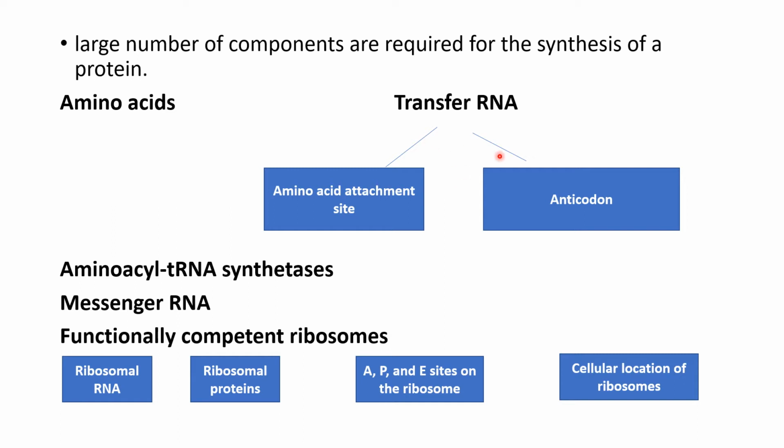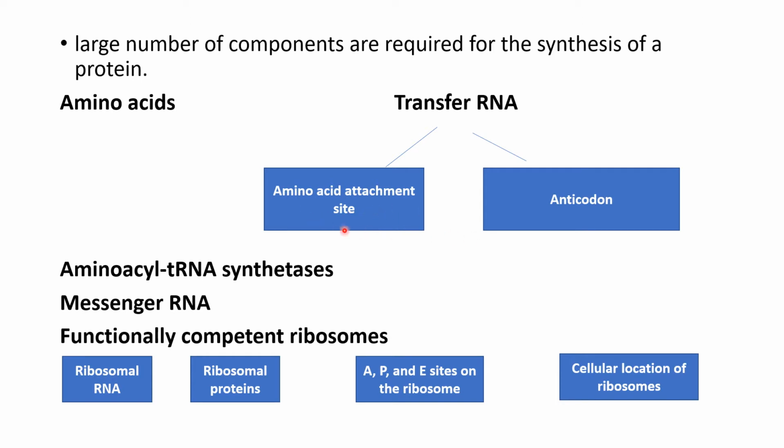For this purpose, this transfer RNA contains the amino acid attachment site and the anticodon site. The other loops of tRNA are helpful to maintain the structure of tRNA, but these two loops are used for the attachment and for the translational process.